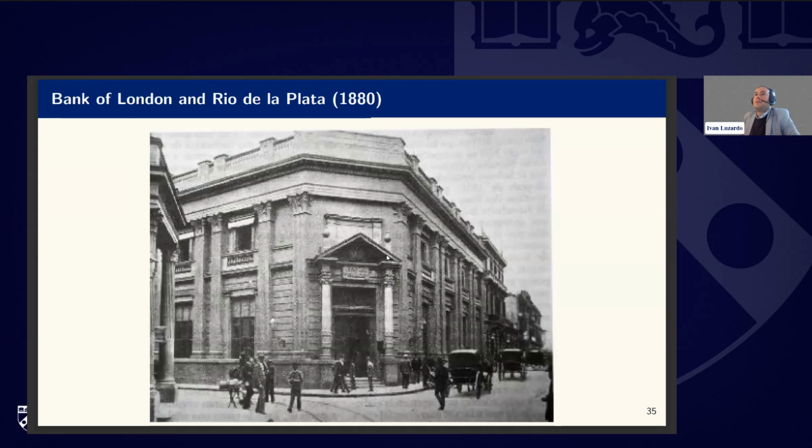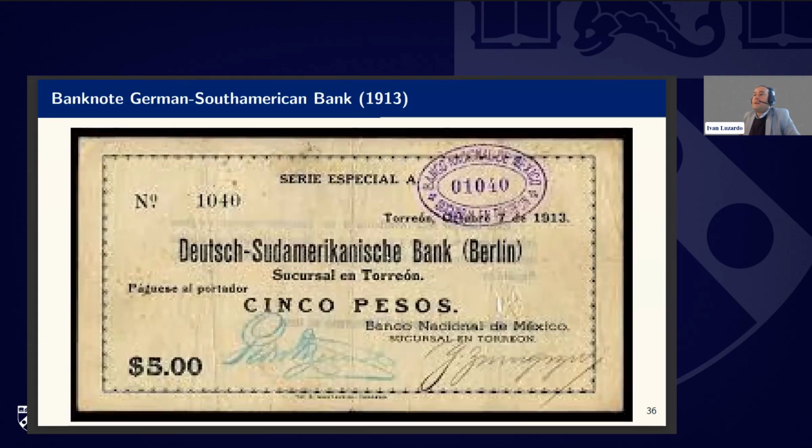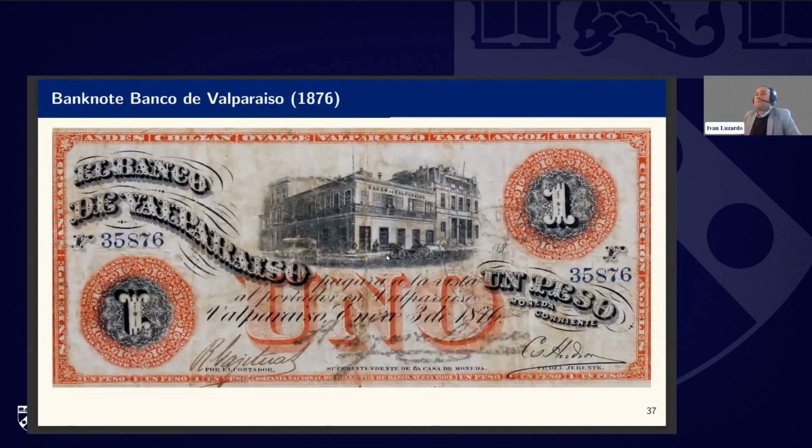So this is just a picture of the Bank of London and Rio de la Plata. This is a banknote from a German bank in, I think, Mexico. Sorry, the resolution is not the best, but this is basically a note from a German bank in Mexico, and this is a banknote from the Bank of Valparaiso.